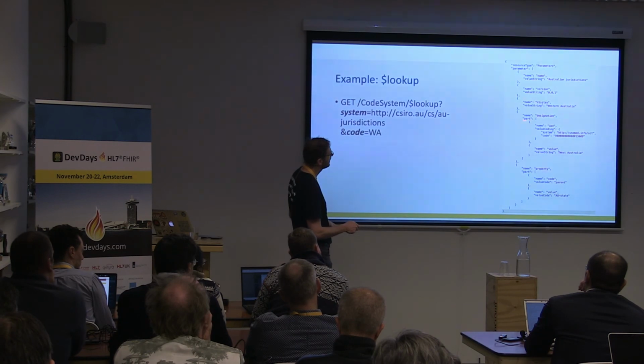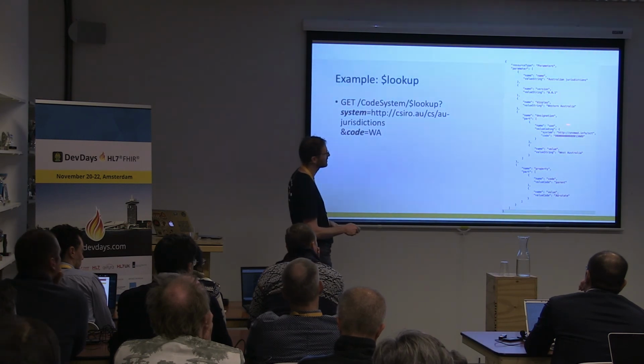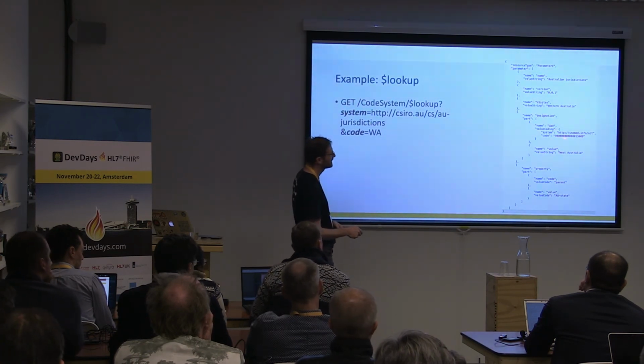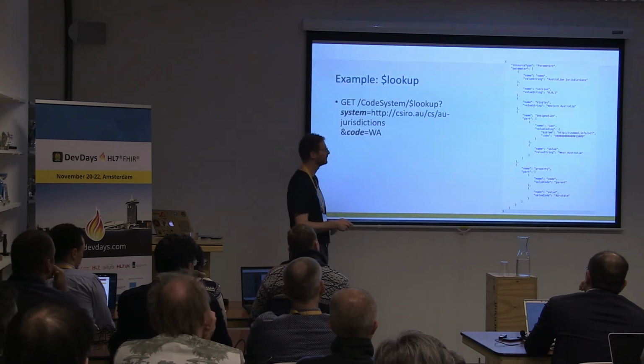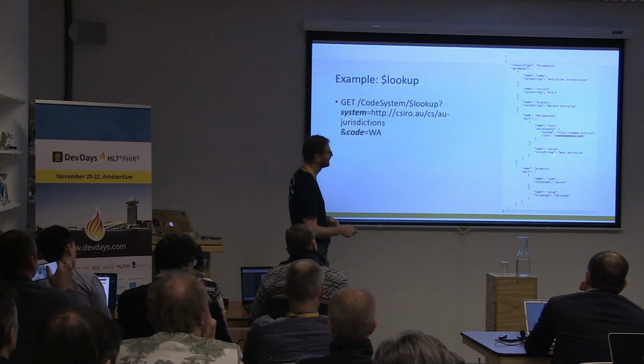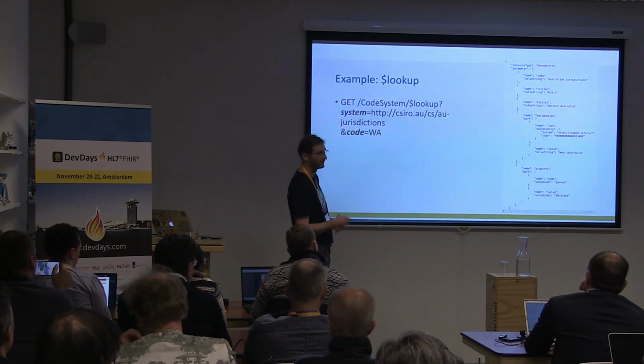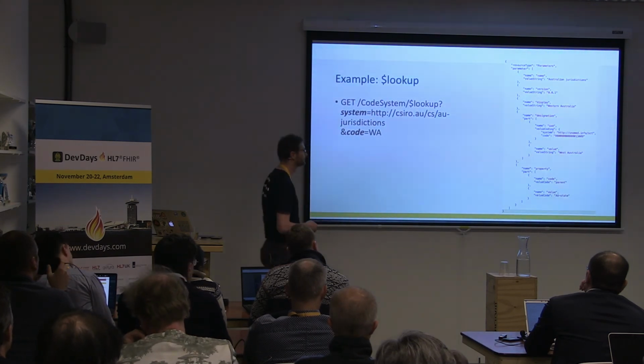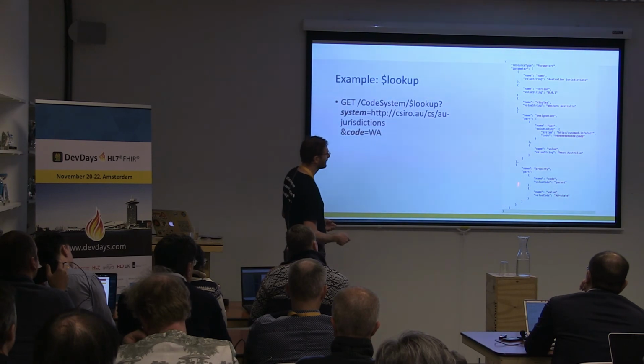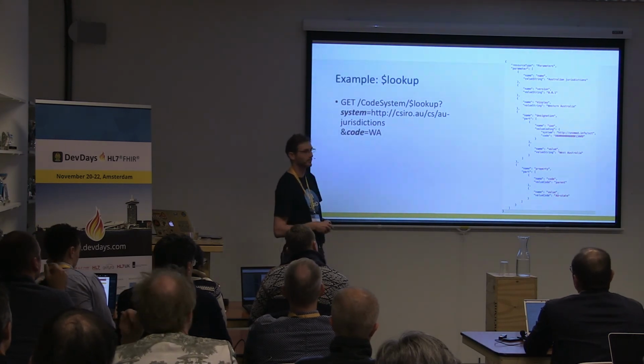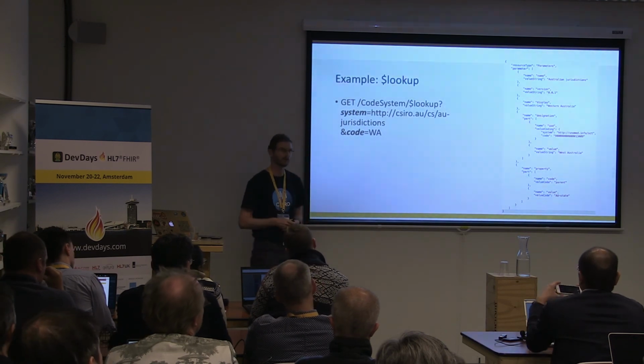It also has some designations. There's a synonym, where the use is the SNOMED code for synonym, which tells us what kind of designation this is, and it says West Australia is an acceptable synonym for that state. It'll also say it has a property, which is that the parent is AU state. So it can come back with those parent-child relationships as well.